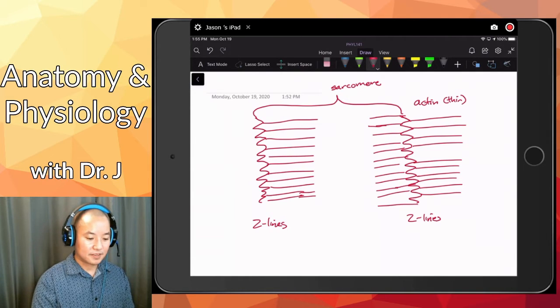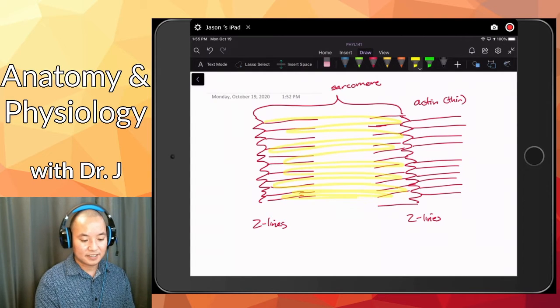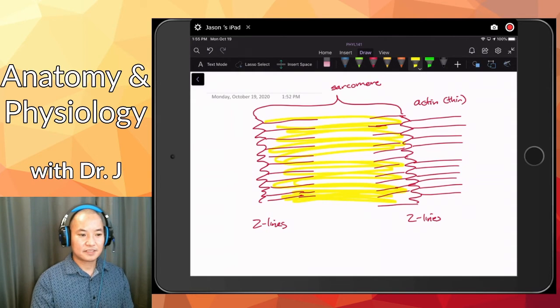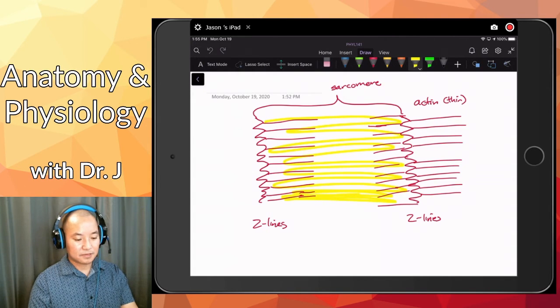So all of this between a pair of Z lines, you have a sarcomere. So that's why Z lines are important. They're the borders of a sarcomere.